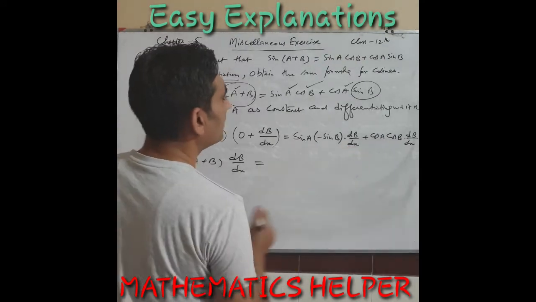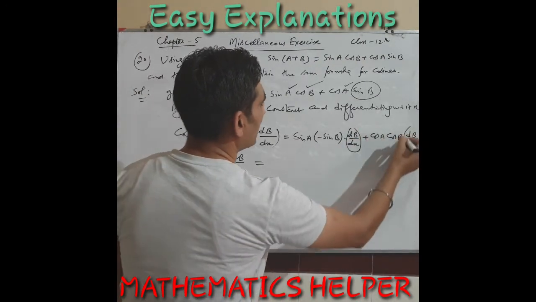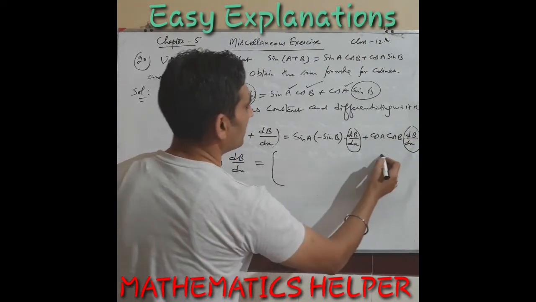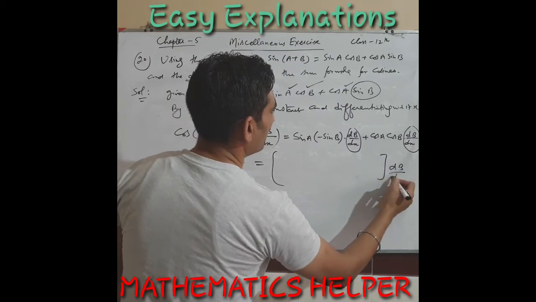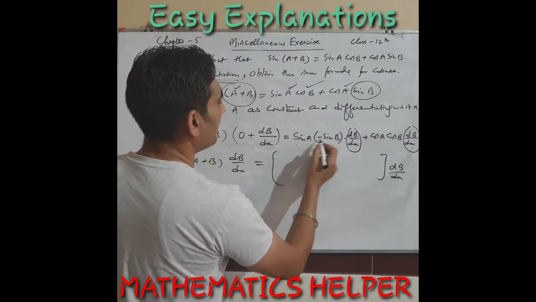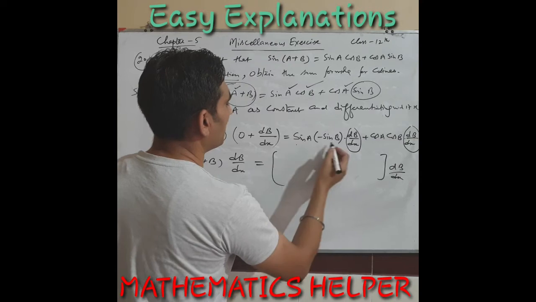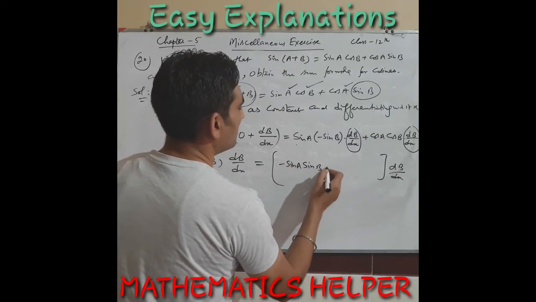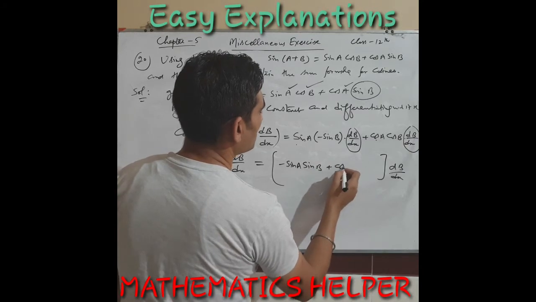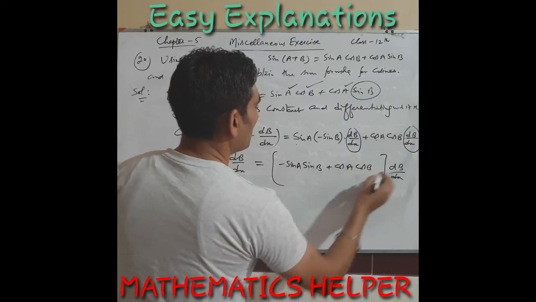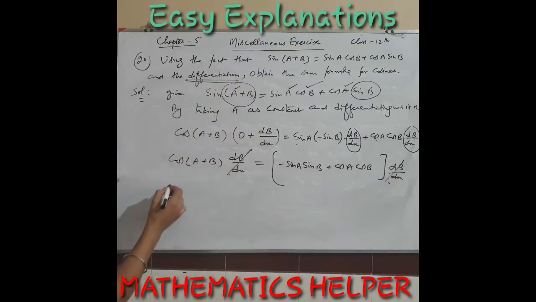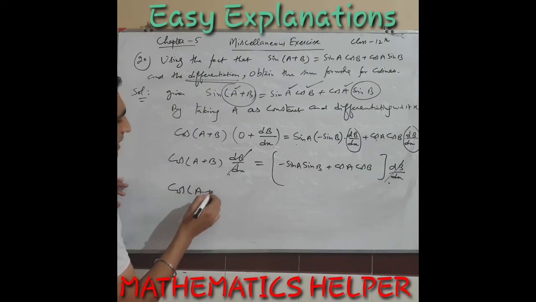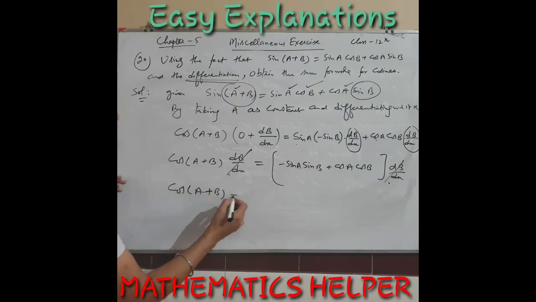From this side, we will take db over dx common. So I am writing db over dx common. And here, sin a minus sin b with multiplication will give minus sin a sin b. Similarly, here you have plus cos a cos b. db over dx cancelled and cos a plus b equal to, what is cos a plus b?